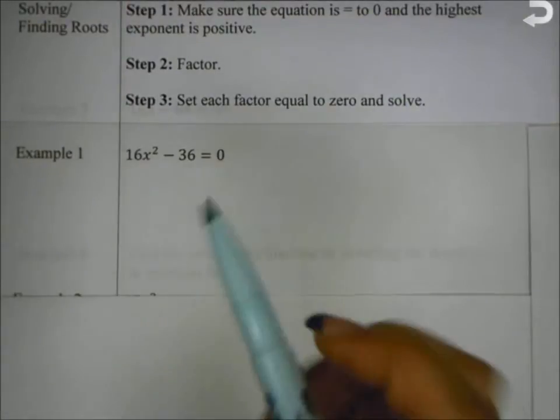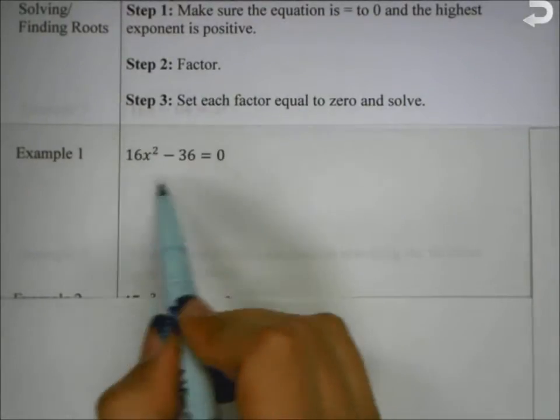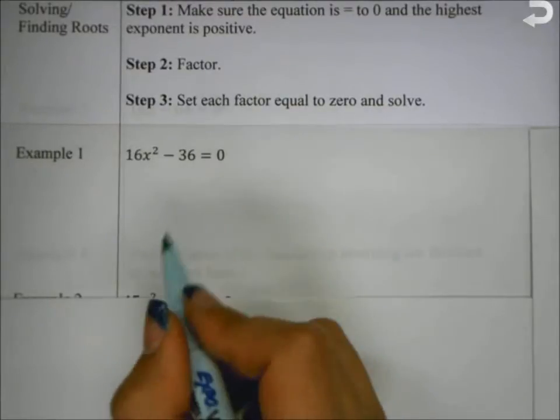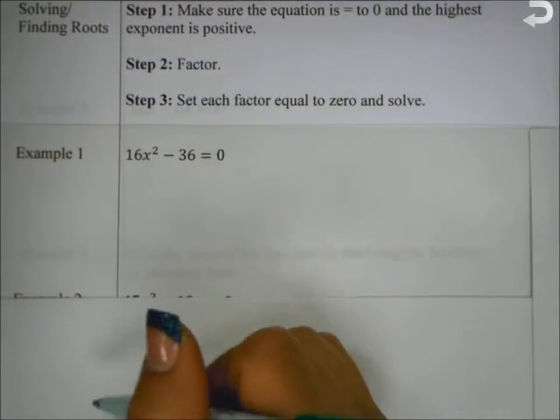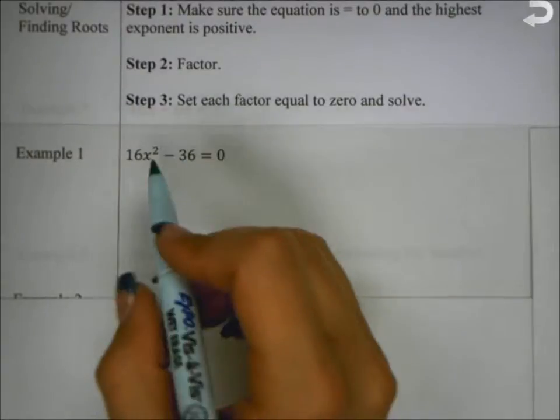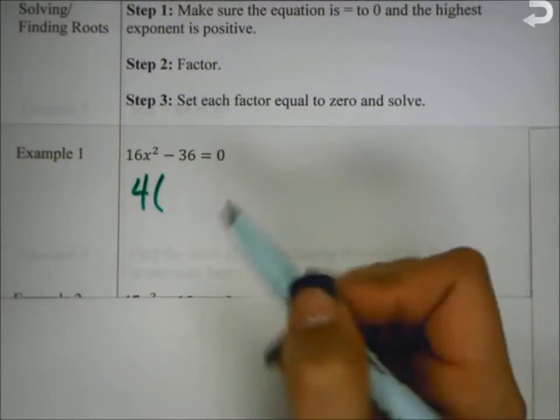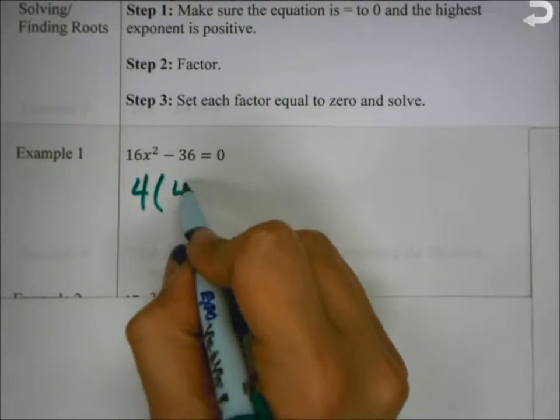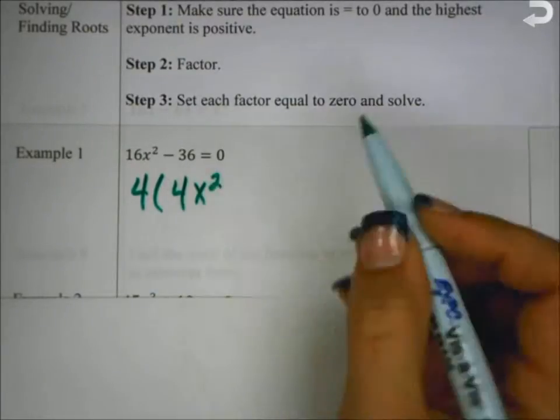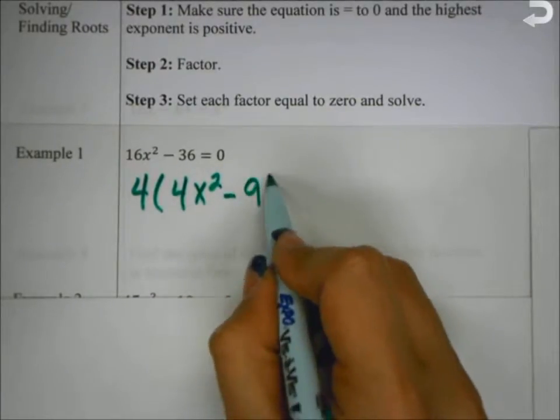So step 2 is to factor. So we want to factor this thing. What's the first thing we always look for when we're factoring? GCF. Do we have one? Yep, it's 4. So let's pull out a 4, and we're left with 4x squared minus 9 equals 0.